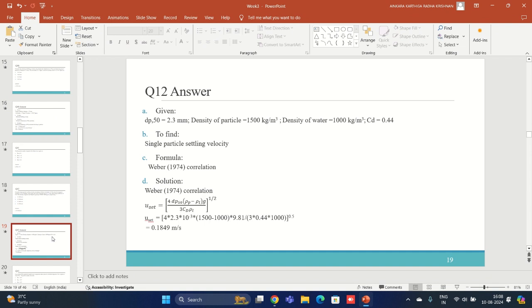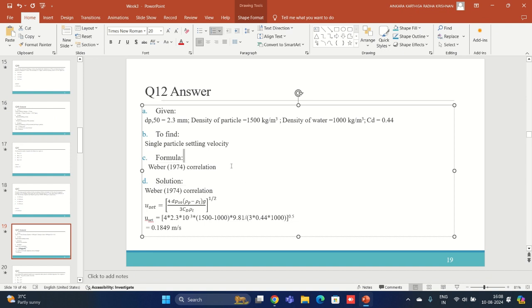We are asked to find the single particle settling velocity using the Weber 1974 correlation. The Weber 1974 correlation is U set equal to (4 dp50 (rho p minus rho l) g by 3 CD rho l) whole to the power of 0.5. We substituted all the known values in the equation and got the answer as 0.1849 meter per second. So that is the right answer.